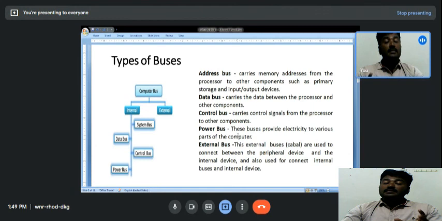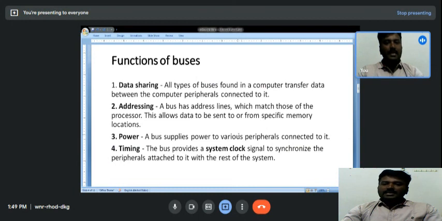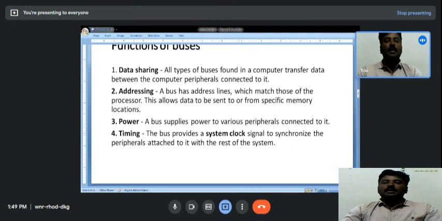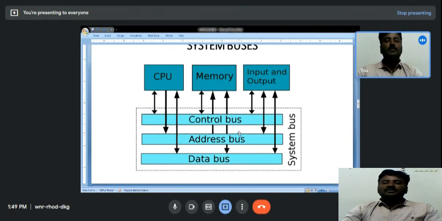These types of buses are mainly meant for data communication. They are used for data sharing, address sharing, control sharing, power supply giving, and timing signal monitoring. These three different types of buses form what is named the system bus.